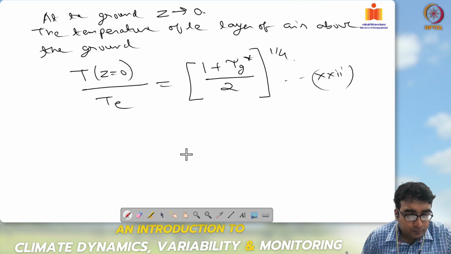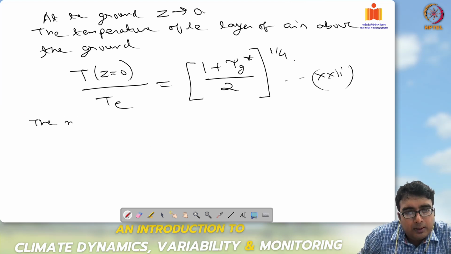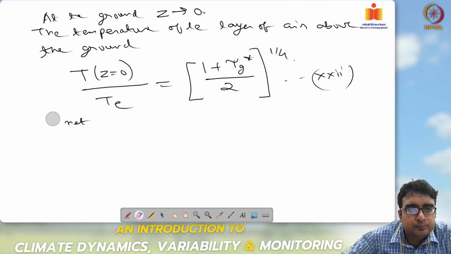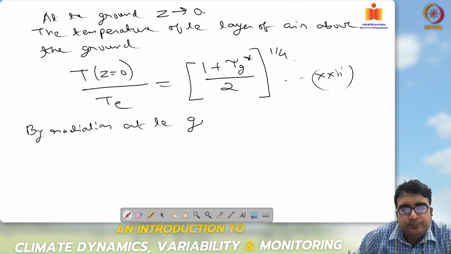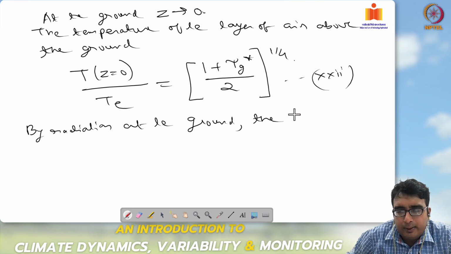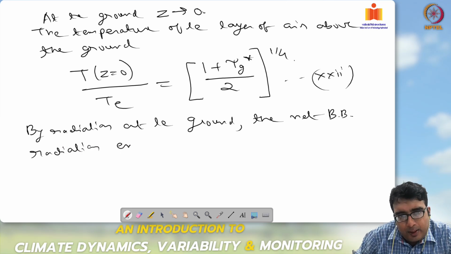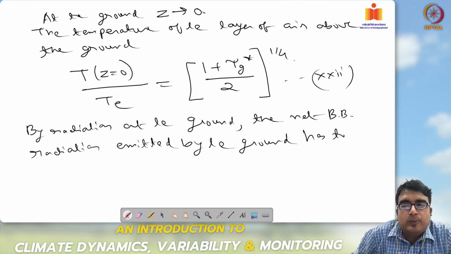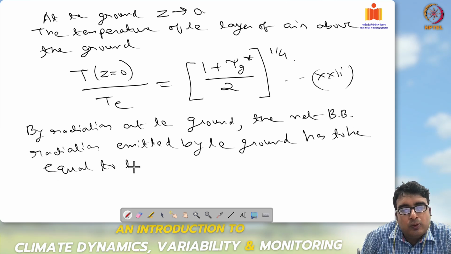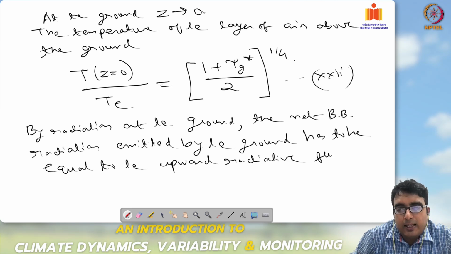However, if you look at the ground, by radiation balance at the ground, the net black body radiation emitted by the ground has to be equal to the upward radiative flux density.